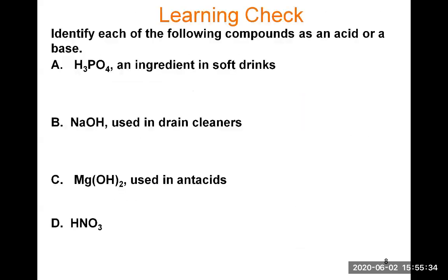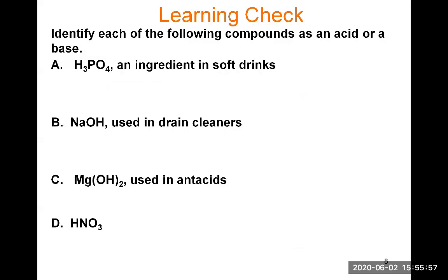So let's go through this learning check where we will decide if the formulas that are given are acidic or basic. Pause the video to think about this by yourself before you watch the answer. H3PO4 is an ingredient that is found in soft drinks.